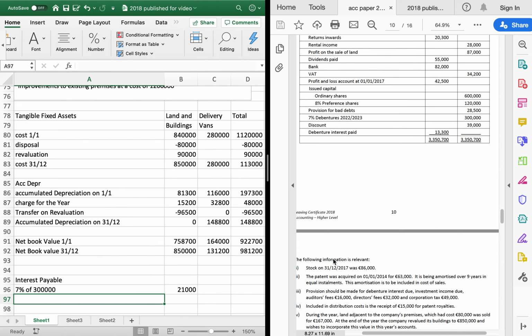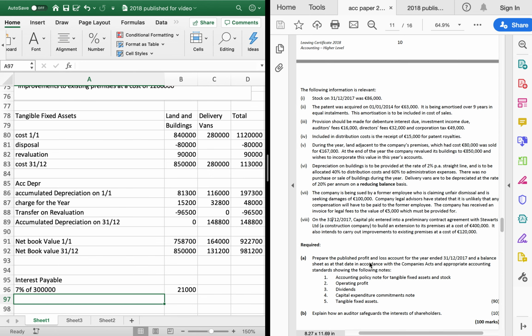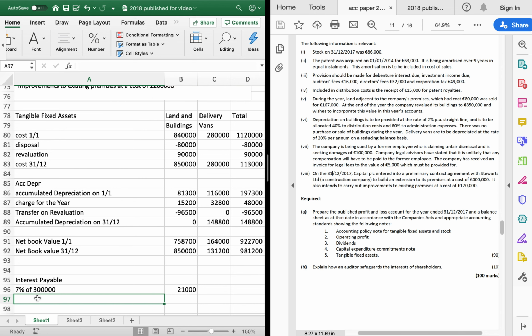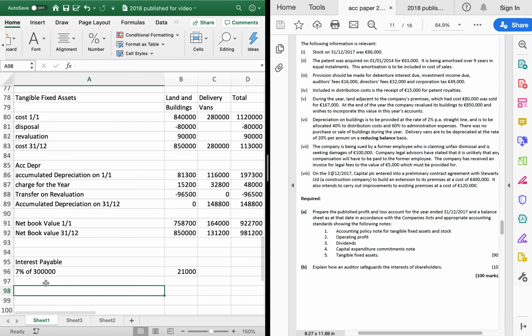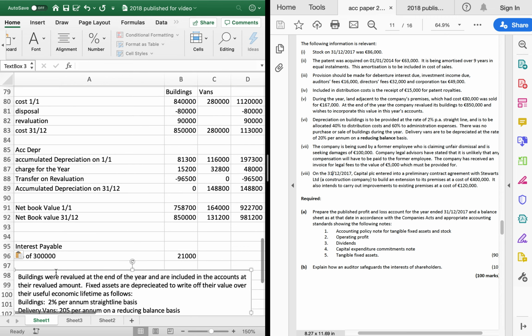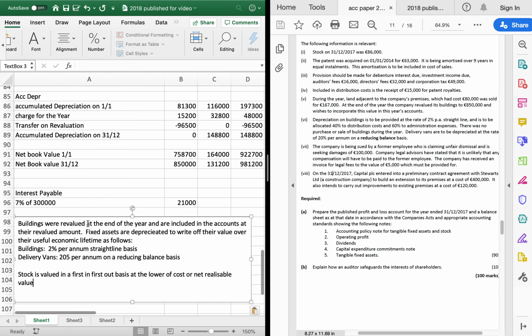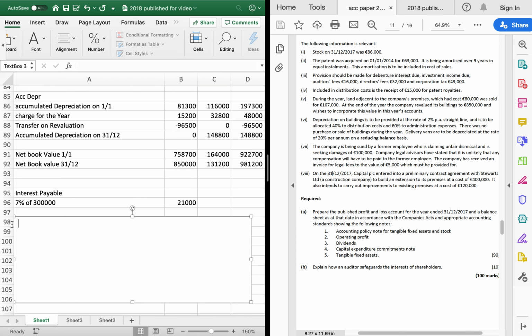Your last bit, just for your 10 marks, we might as well do it. Explain how the auditor safeguards the interests of the shareholders. So the auditor works for the shareholders. That's the first thing. Auditors work for the shareholders, not for the company.